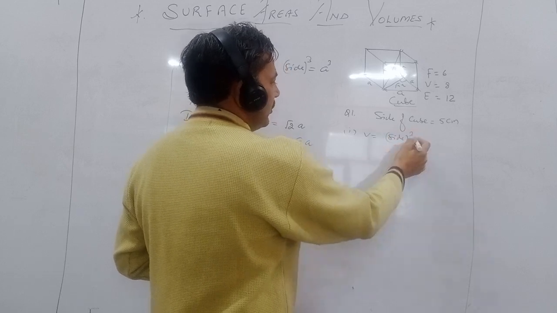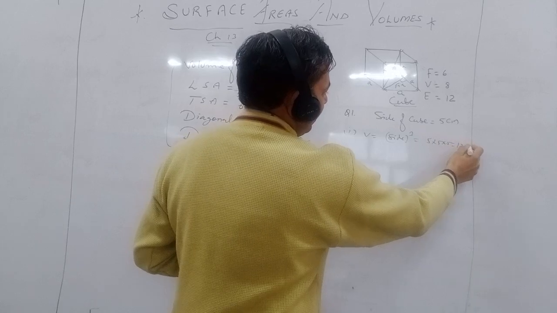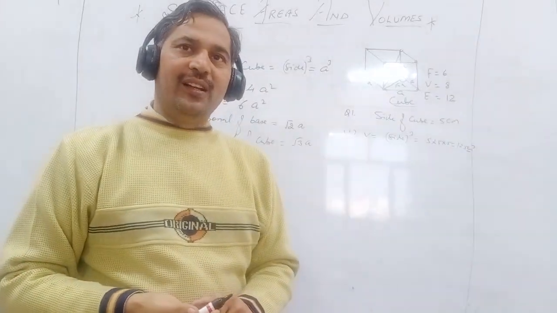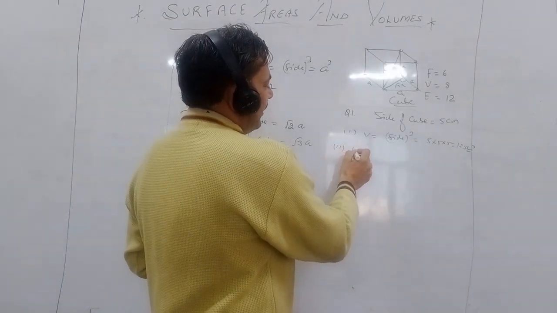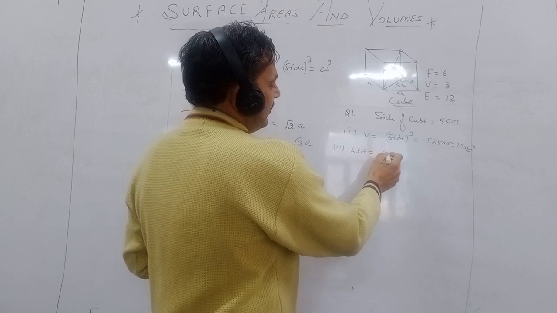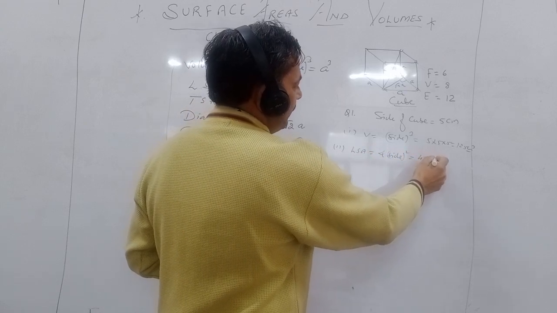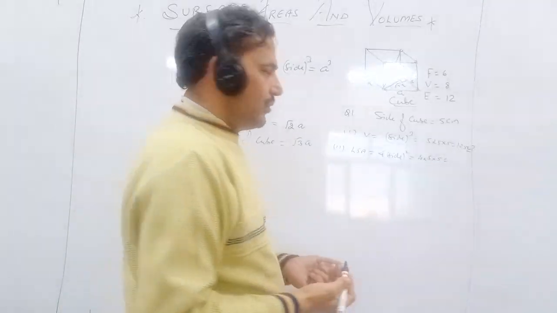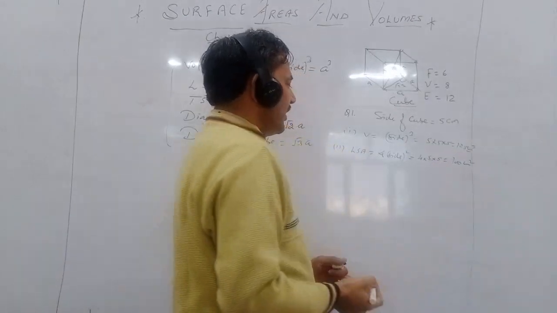Side cube. So we can write 5 into 5 into 5, 125 centimeters cube. So you know very well volume is always in cube units. Second point, lateral surface area, 4 into side square. 4 into 5 into 5, it comes 100 centimeters square.